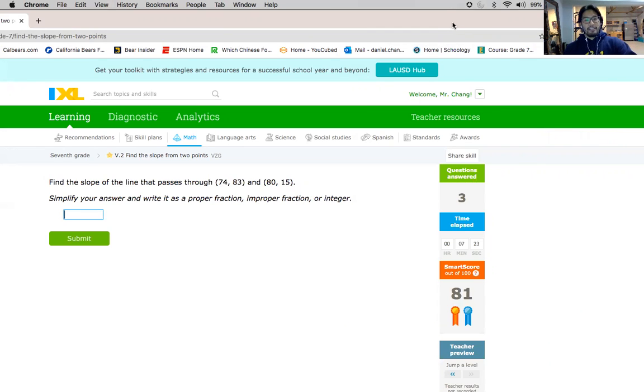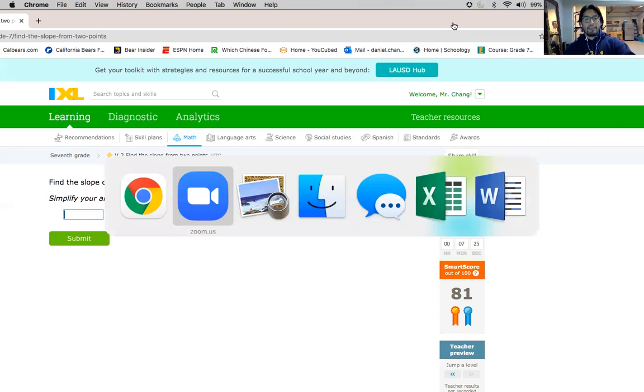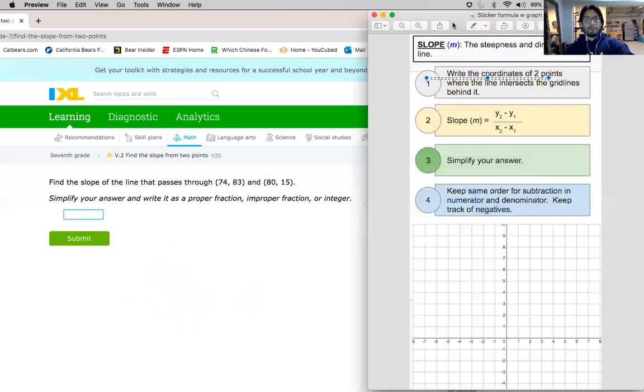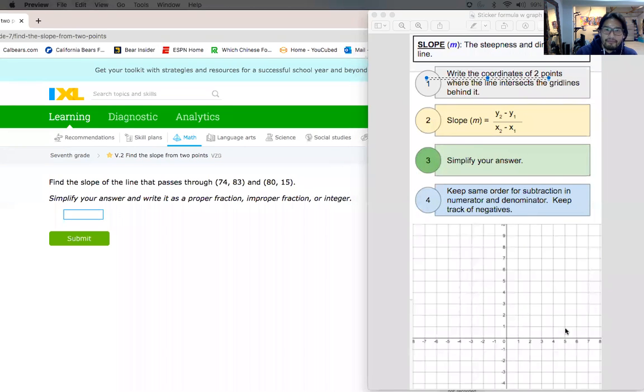All right, here we go. We haven't done any with negative slopes yet, which kind of bummed me out. So I'm just going to force this one to be negative. So we've got 2 points. Pretend that every number on my little graph is multiplied by 10. So instead of 74 and 83, I'm just going to go 7 and 8.